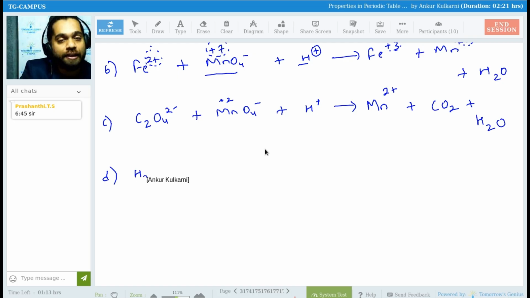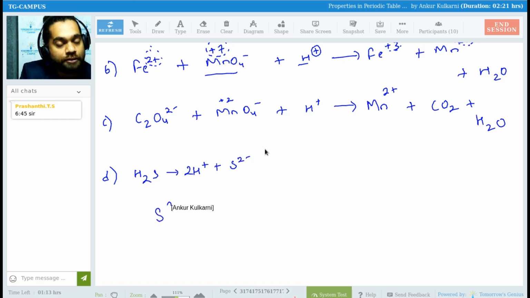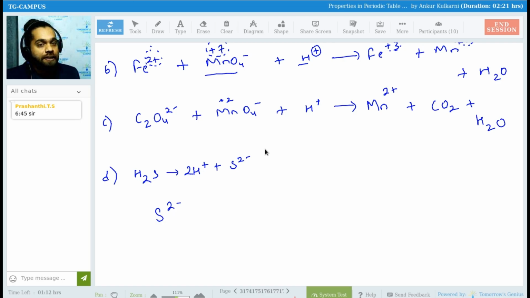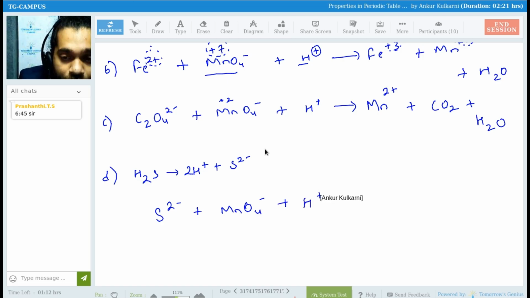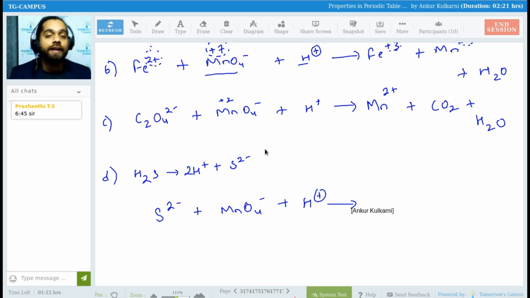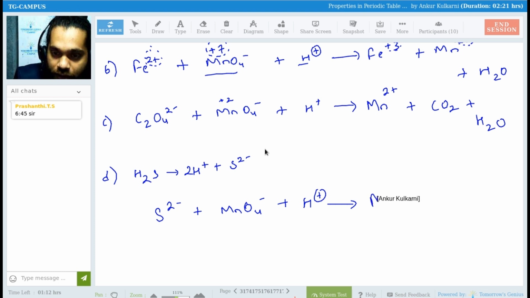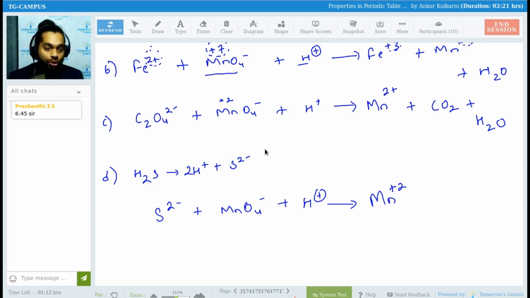Okay, H2S. We are writing the ionic reaction, so instead of H2S I'll write S2 minus, since it dissociates into S2 minus. Now, if I am treating S2 minus with MnO4 minus, that is nothing but KMnO₄ in the acidic medium, your Mn will get converted into Mn plus 2.